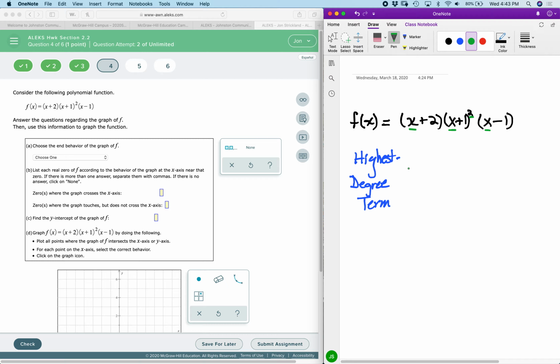So looking at what we have now, from the first factor, I have x. From the second, I have x to the second. From x minus 1, I have x. X times x squared, times x.